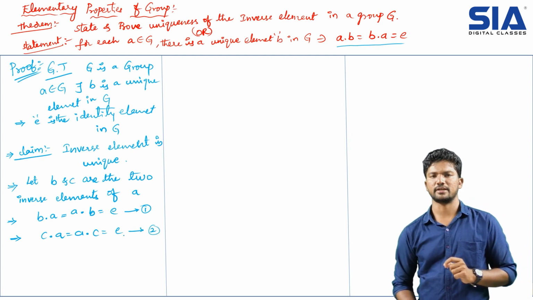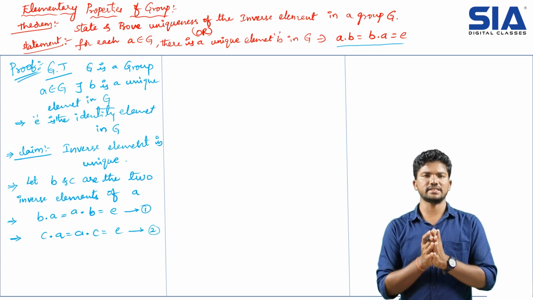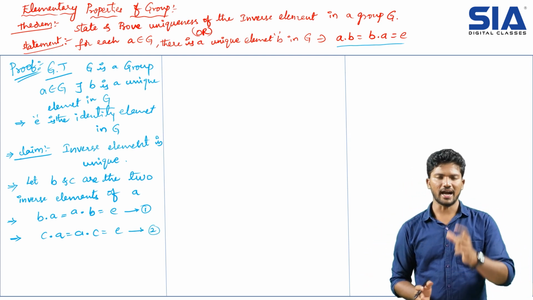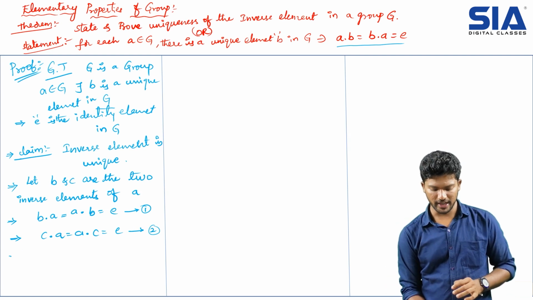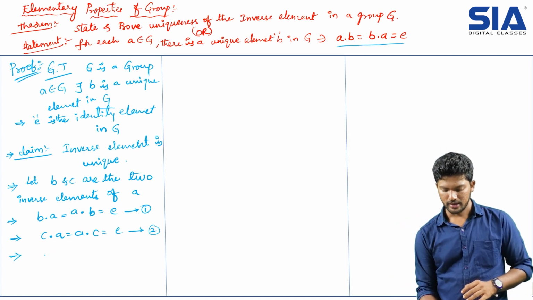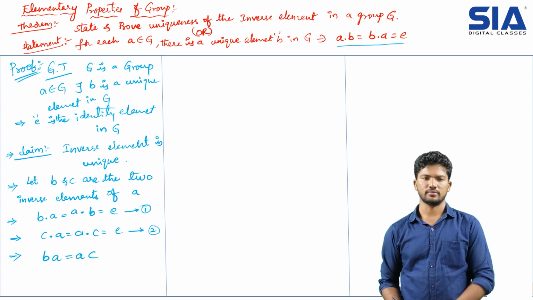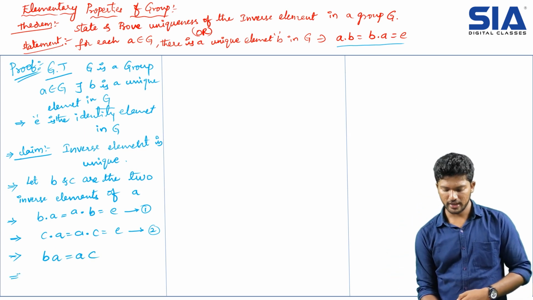It is taken as equation number 2. If you observe both equation 1 and equation 2, the identity element for both equations is the same. So we can equate B into A is equal to A into C, or we can equate B into A is equal to C into A.